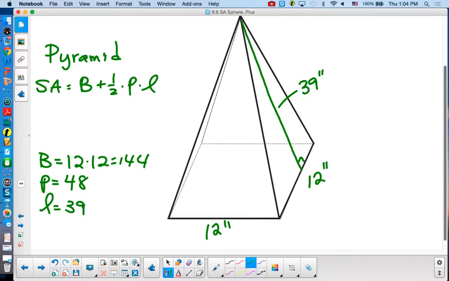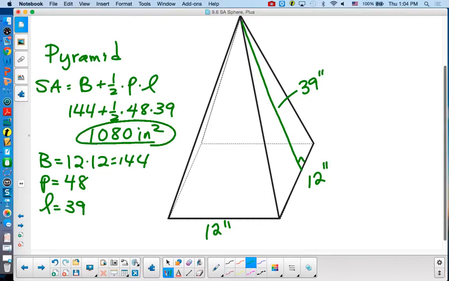All right, so just to double check, 144 plus 1/2 times 48 times 39. And if I did that right, 1,080? Yep. Okay, square inches. That one's a prism or pyramid. Next one.